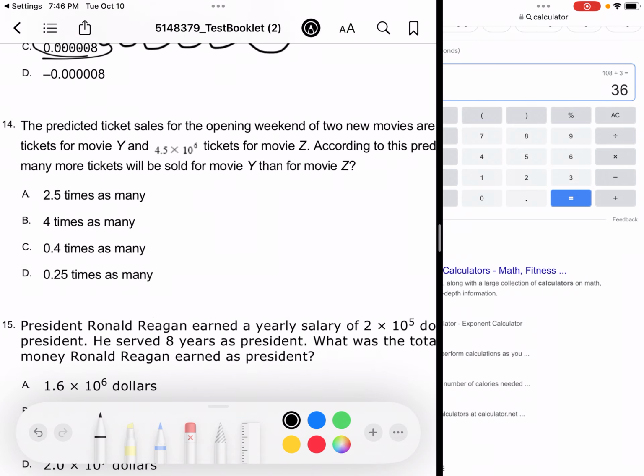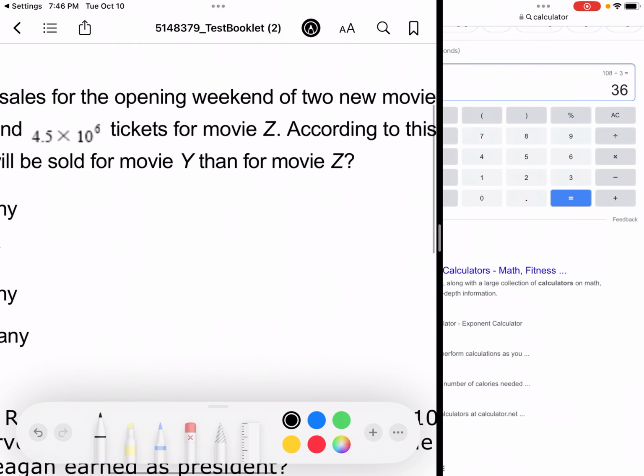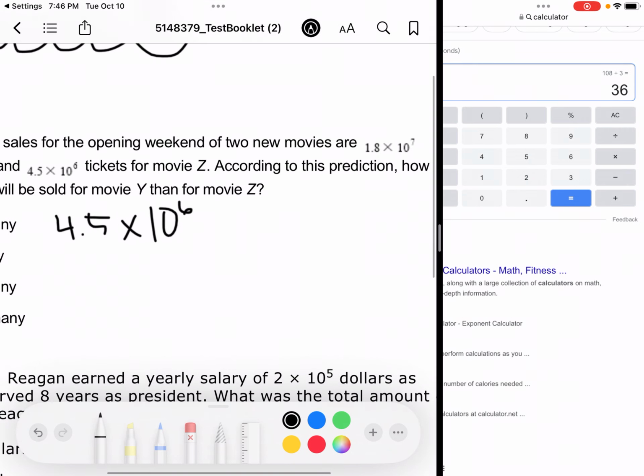All right, so they want to know how many times as many. So I've got 4.5 times 10 to the 6th and 1.8 times 10 to the 7th. So I'm going to divide them.